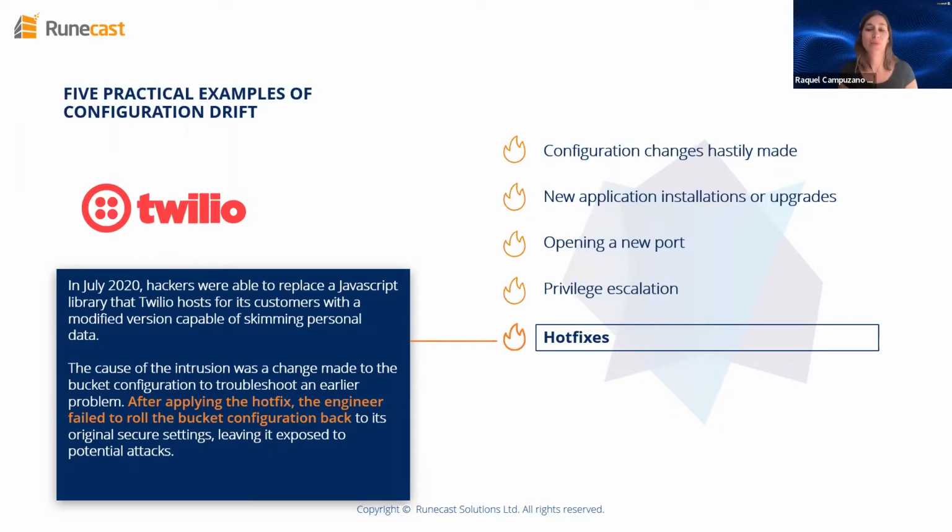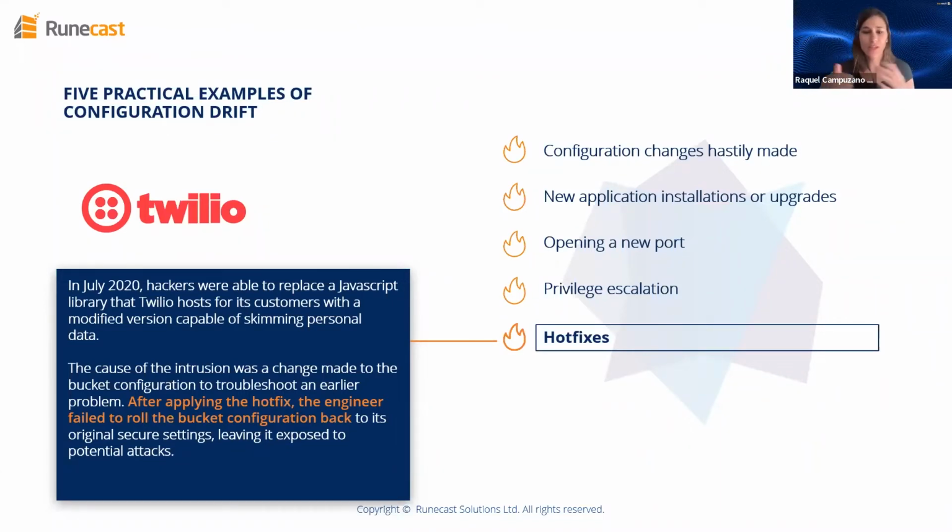As I previously said, this is exactly what happened to Twilio in July 2020. They were configuring some permissions in their S3 bucket, in which they had hosted a JavaScript library that was shared with some of their customers.